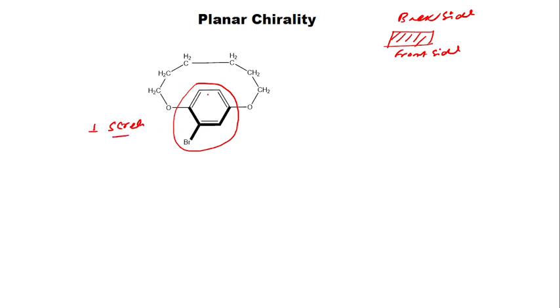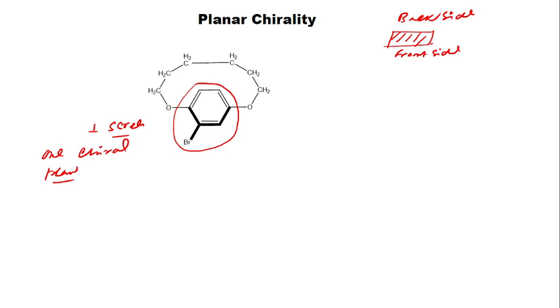So if the screen is a plane, the back side of the plane of the screen and the front side of the screen have two different chemical environments. The back side of the screen doesn't have any bromine environment. The front side of the screen has a bromine environment. That's why this molecule contains one chiral plane, and because of that the molecule is chiral.